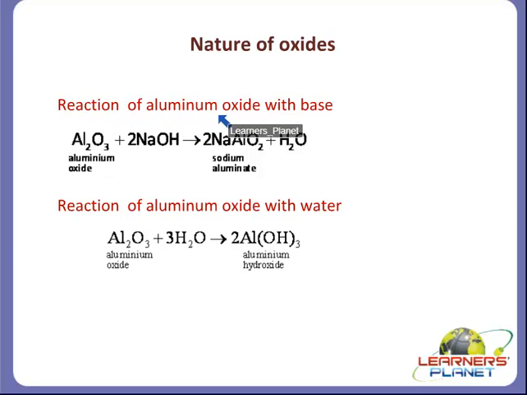Aluminium oxide reacts with sodium hydroxide, a base, and it forms sodium aluminate, that is a salt, and water. So this aluminium oxide is reacting with acid as well as a base and forming salt and water. That is why it is an amphoteric oxide.